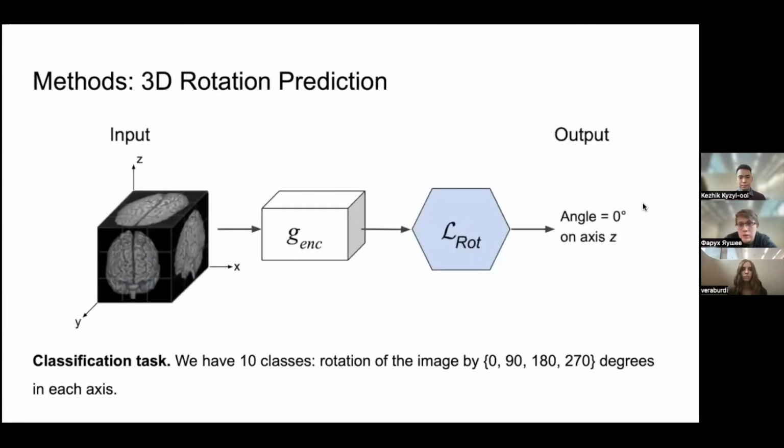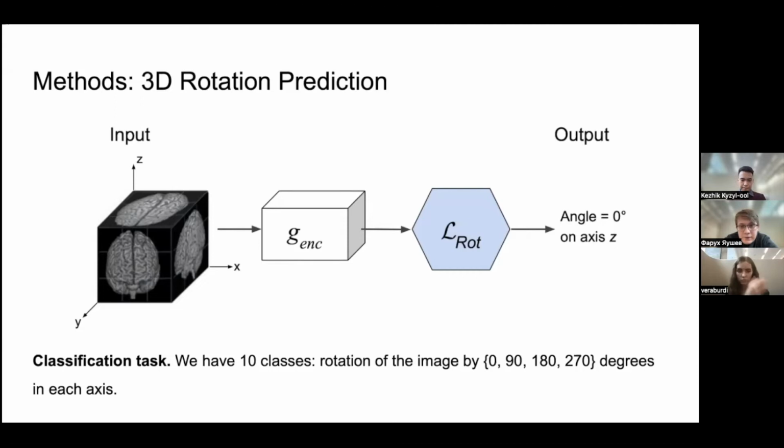Okay, now let's go back to our main task, self-supervised learning, and talk about the methods that we use in detail. The first and simplest method of pre-training that we use is 3D rotation. To do this, we rotate the input image by 10 random angles, and we use only the encoder part of UNet to solve the problem of classifying the angle of rotation of the original image.